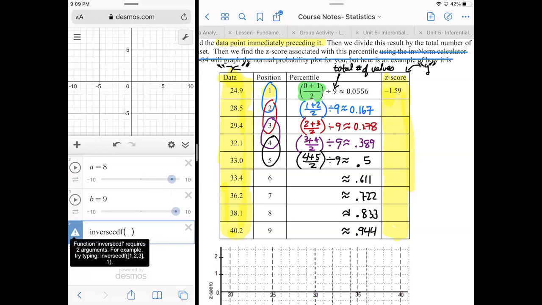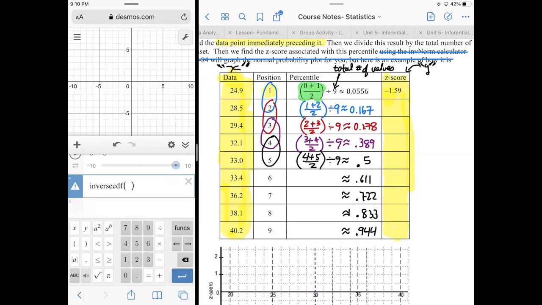If you tap on it, it tells you what you need to have in there. So, for example, try typing 1, 2, 3, and then 1. The inverse CDF is supposed to report a z-score for a given area.